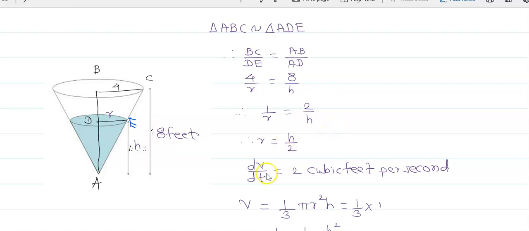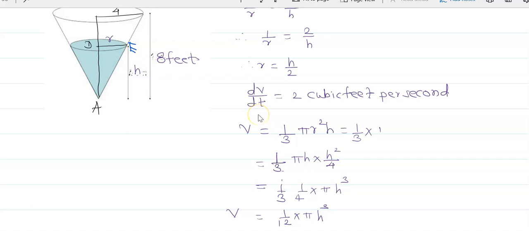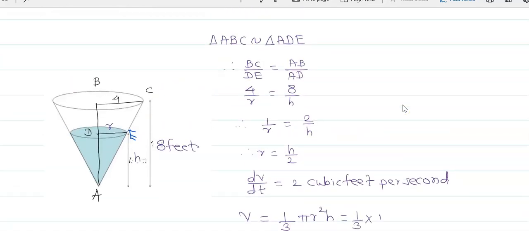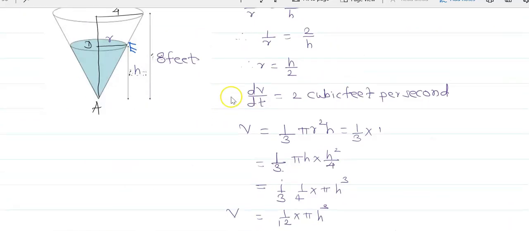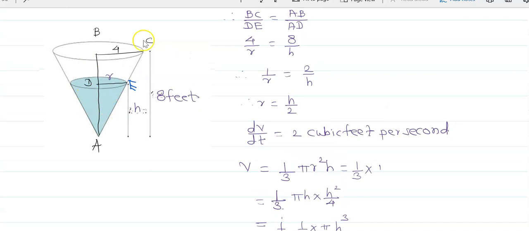Now we are given that the water tank is emptied at the rate of 2 cubic feet per second. Therefore, dV upon dt is equal to 2 cubic feet per second. Now what is the volume of the cone? This is in the form of a cone.